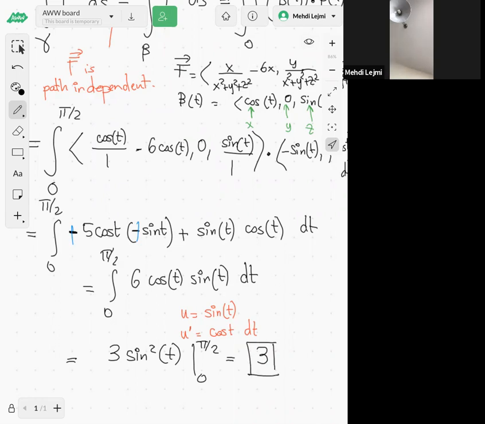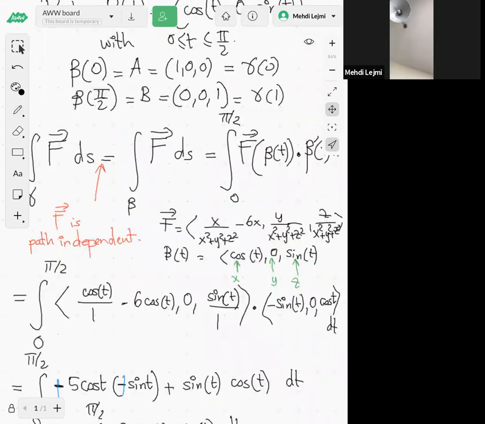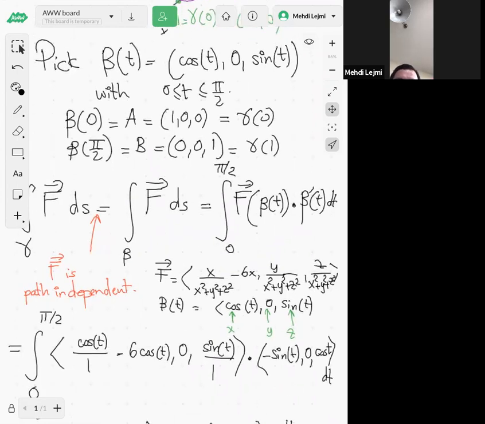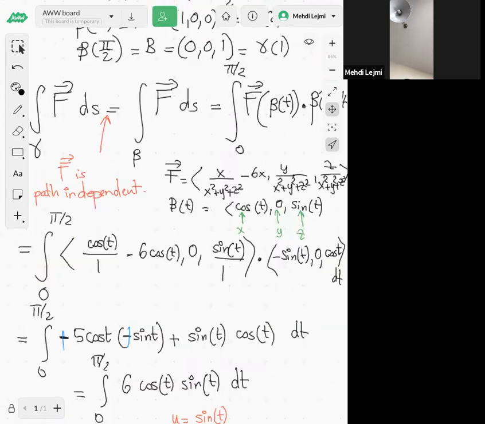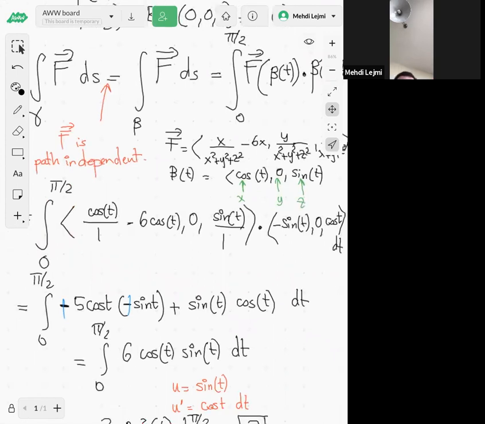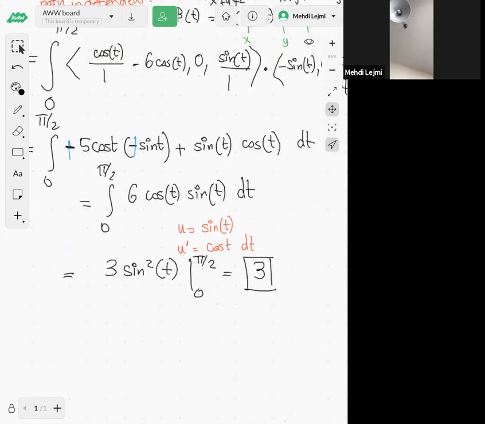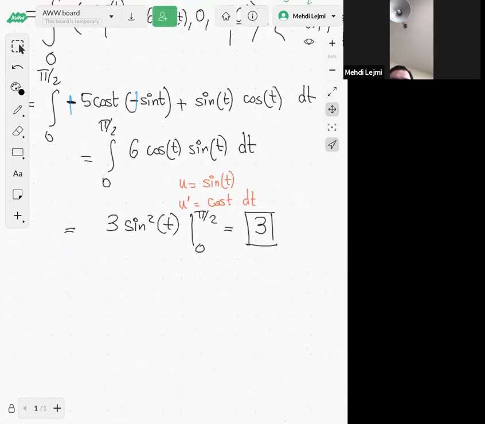Okay. So you see here, guys, the point is that I had this very tricky integral to compute, but because I can use the fact that the vector field is path independent, I may choose another path. And if you pick your new path carefully, then your vector line integral is going to be easy to evaluate.